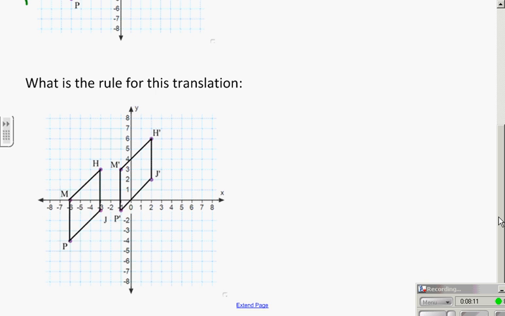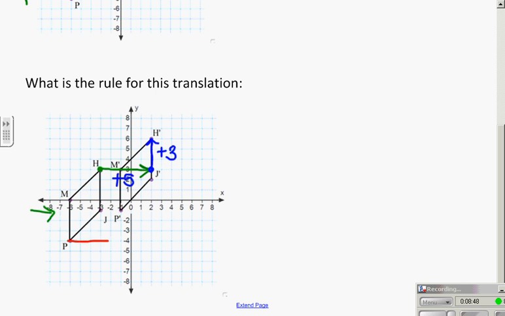Our last example is going to ask us about finding the rule. So this is a matter of trying to figure out how I move from the original, from the pre-image, to the image. So if I take H, my x's will go over to here, and my y's were obviously changed from here to here. So my x's, I went 1, 2, 3, 4, 5 right, and my y's, I went 1, 2, 3 up.